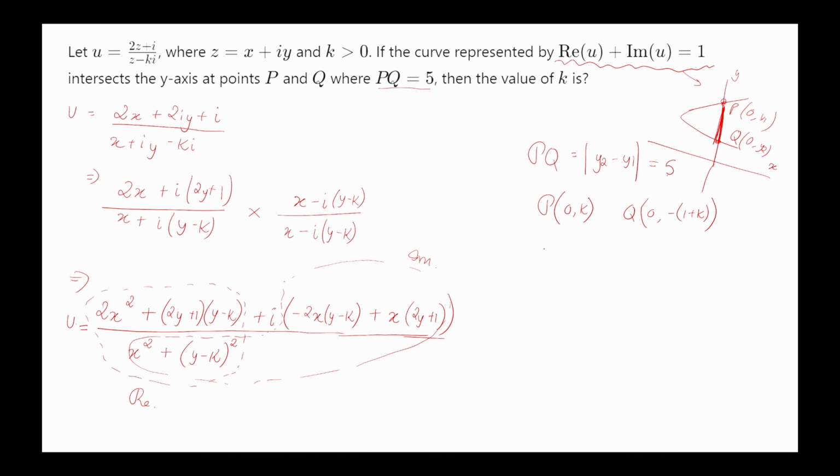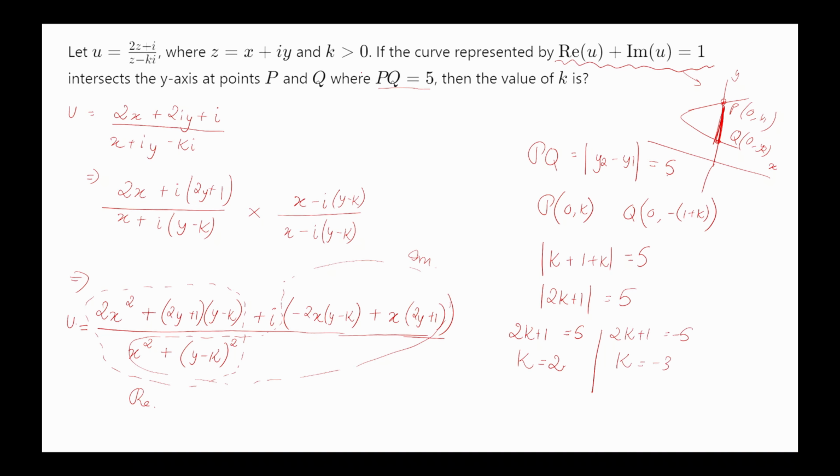That means modulus of k minus of minus 1 plus k, so this would become k plus 1 plus k is equals to 5. So we have 2k plus 1 is equals to 5. So from here again we can have two values. So 2k plus 1 can either be equal to 5, from here we would get k to be 2, or 2k plus 1 would be equal to minus 5, so from here we would get our k to be minus 3.